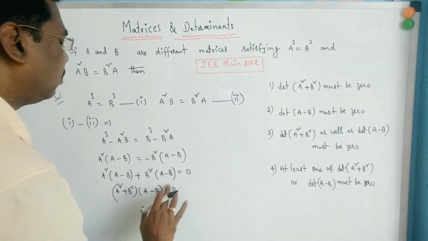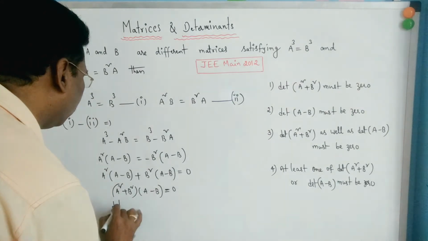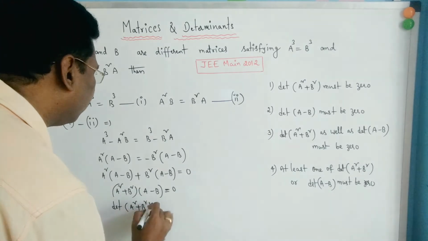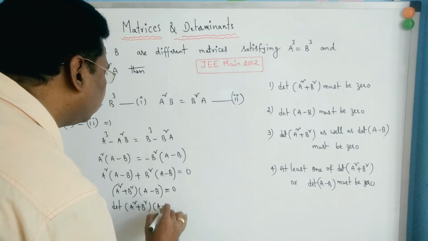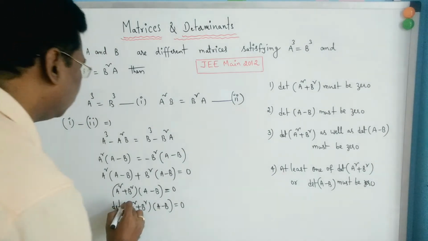Now taking det on both sides, det of A square plus B square into A minus B is equal to 0.